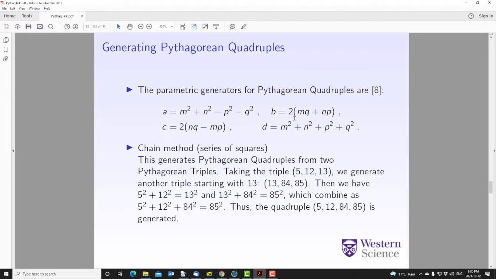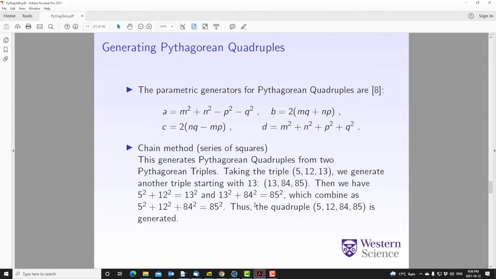In addition to this all-inclusive one, a rather fun way to talk about generation of quadruples is to say, let's take triples and chain them together. So in particular, we start with the triple 5, 12, 13. And then we search and we see there is another triple that starts 13, 84, 85.